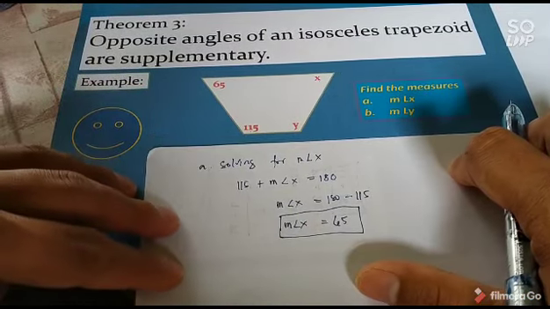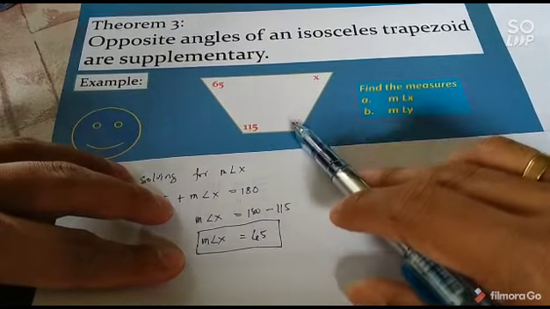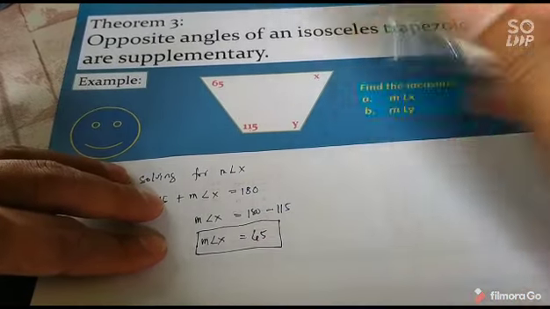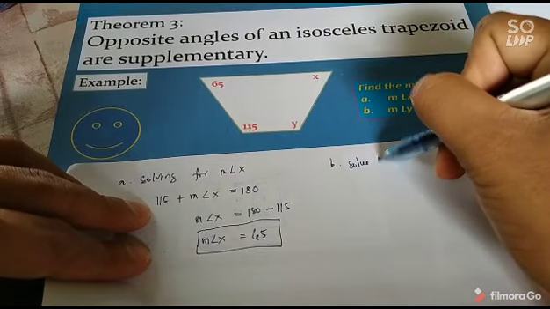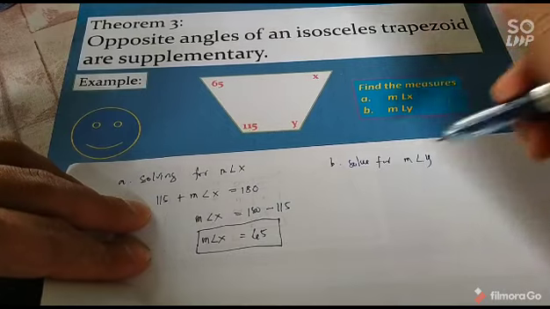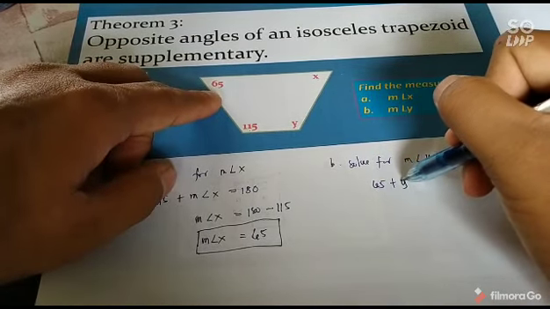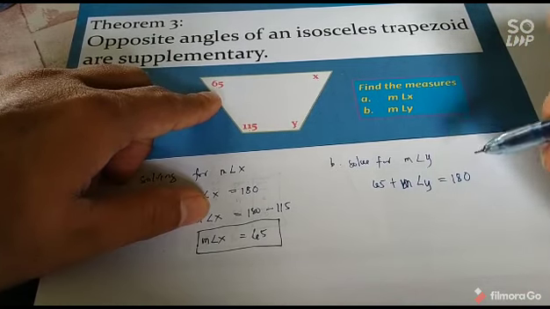Now, how about the measure of angle y? So from there, you have angle y. What is opposite to angle y? And that is 65. So to formulate our equation, you would have, solving for the measure of angle y, 65 plus measure of angle y equals 180 degrees.